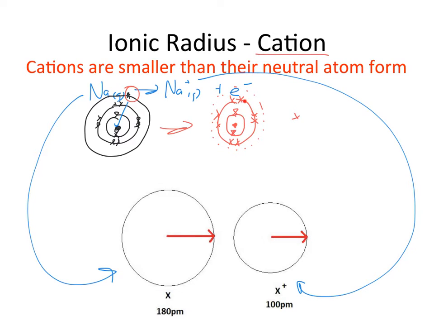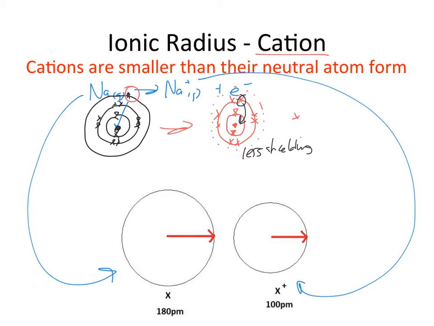Any one of these only has to look through this first shell. This one had to look through 2 shells. This one over here only has to look through 1 shell. There's less shielding for this one, and therefore these electrons are pulled in closer.